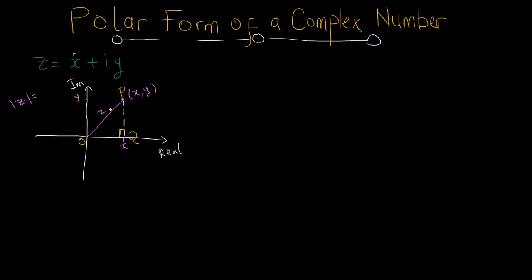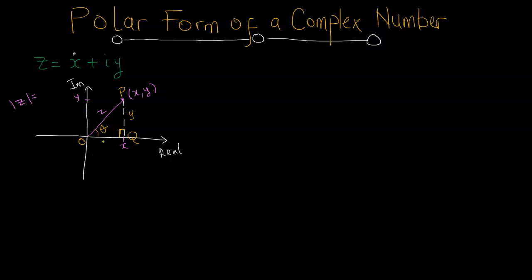Now, we would also see that the line OP, which is the length of the complex number, also makes an angle with the x-axis. I'm going to call that angle theta. Since this is a right triangle, of course, I can apply my Pythagorean theorem because already I have OP, which is the hypotenuse. PQ is going to be the opposite of angle theta. And of course, I know the length of PQ. That's the length of the imaginary part. That's y.